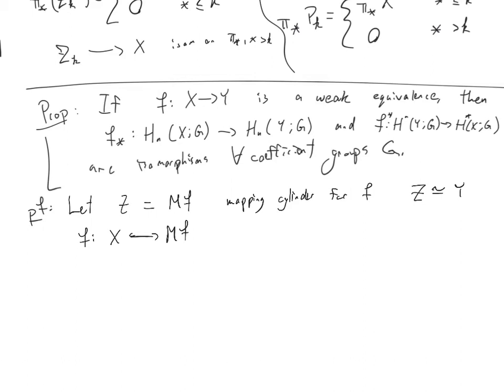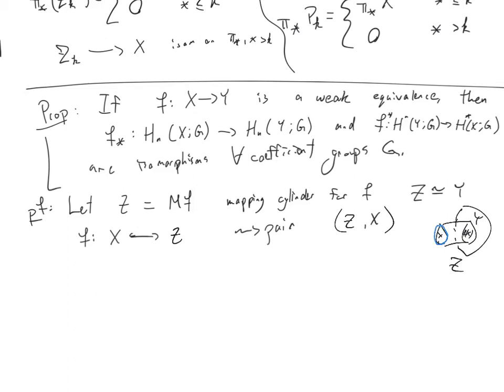And now I can look at this pair, Mf relative X. I'm using Mf, but I gave it a name, so let's call it Z. So Z relative X: I've got X glued along f to Y, and here's Z, and I'm looking at Z relative this copy of X.